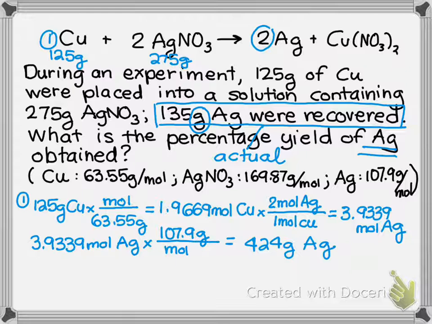Now I have to compare that because I have two reactants. It's a limiting reactant problem. They said I had 275 grams of the silver nitrate. Again, I'm given grams, so I'll divide by the molar mass of silver nitrate in order to change it into moles.